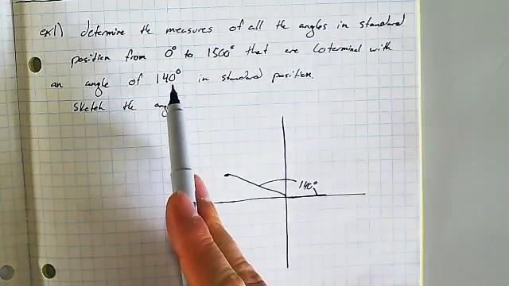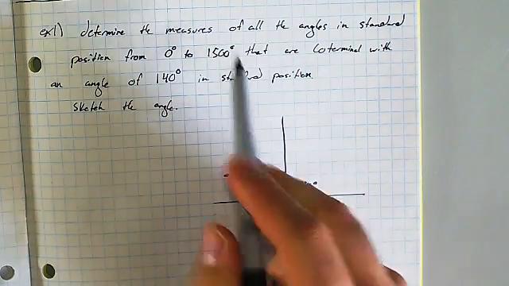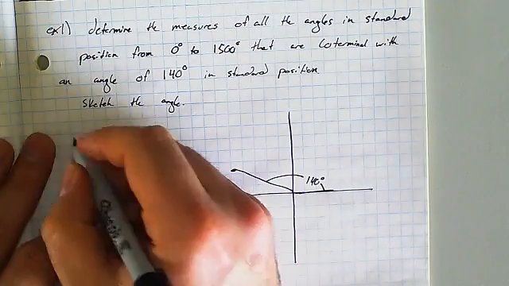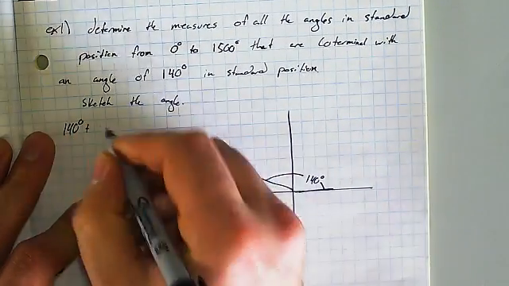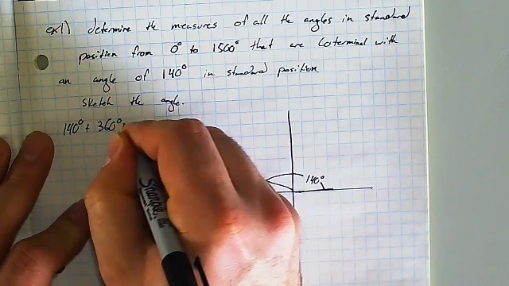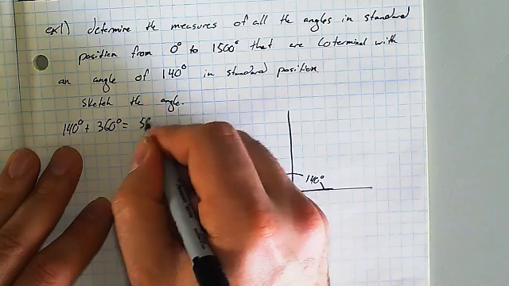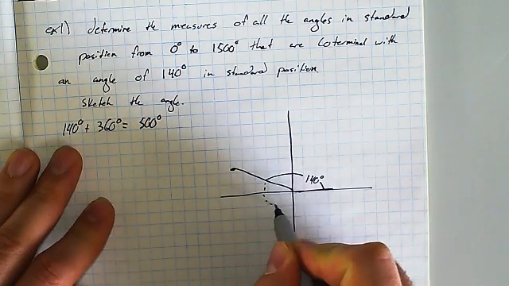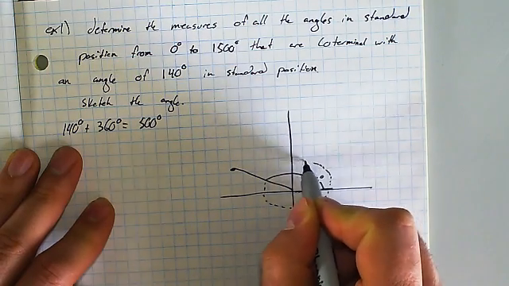So we have our standard position. Now we're basically going to count up and see how many more angles we can get until we max out or we go past 1500. So I'm going to go 140 degrees plus, if I do another circle, I'm going to add 360 degrees, which gives me 500.